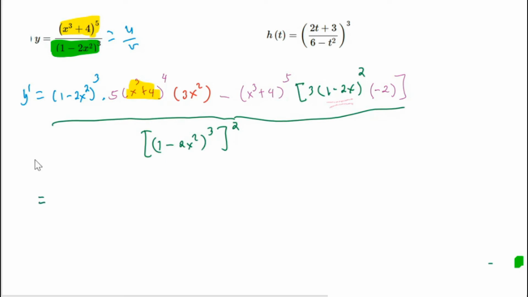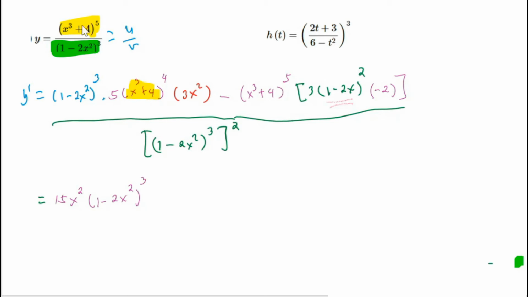Simplifying now our numerator, let's start first with the numerical coefficients as well as the monomial. So we have 5 times 3x squared, which gives us 15x squared, times, I'll copy the next term, the quantity of 1 minus 2x squared to the power of 3.